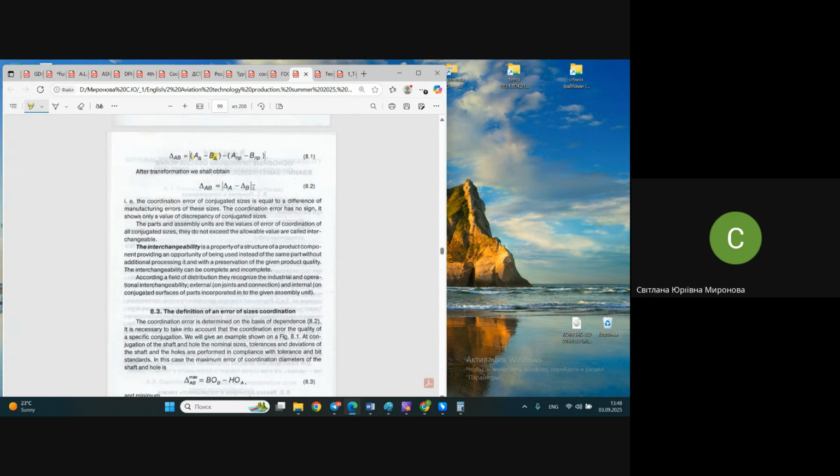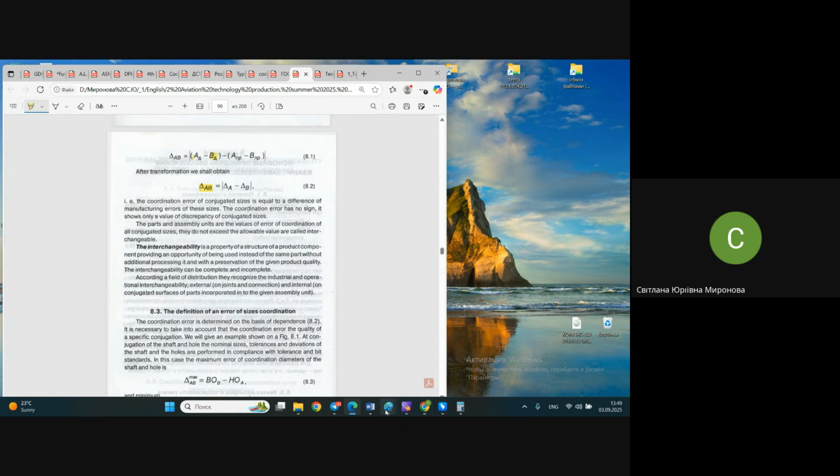So we understand that the accuracy of conjugation depends on the error; let's use the word error permanently now. The error of conjugation equals the difference between two errors. Once again, we are interested in the error of conjugation equal to 0.